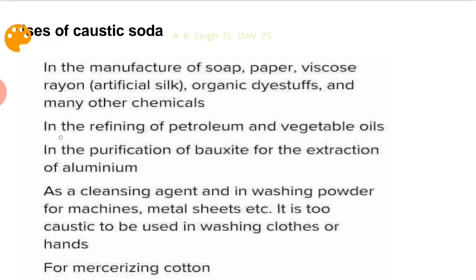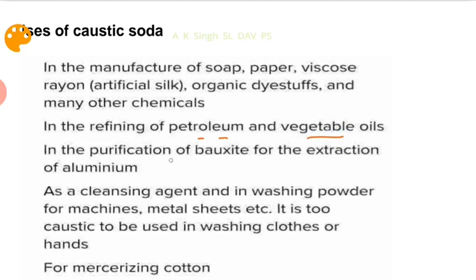It is also used in the refining of petroleum and vegetable oil. Vegetable oil means mustard oil, soybean oil, or other oil.